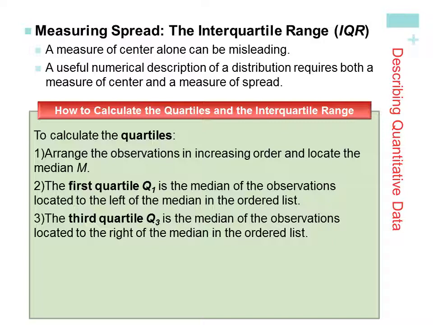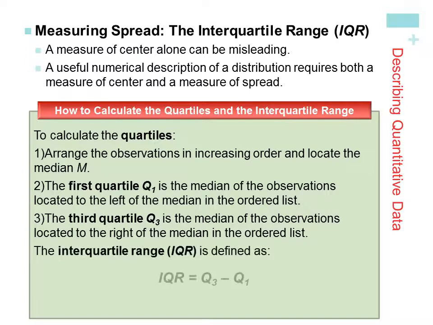Quartile 3 is the median of the upper half. The interquartile range is going to be quartile 3 minus quartile 1. So it's basically the upper quartile minus the lower quartile.